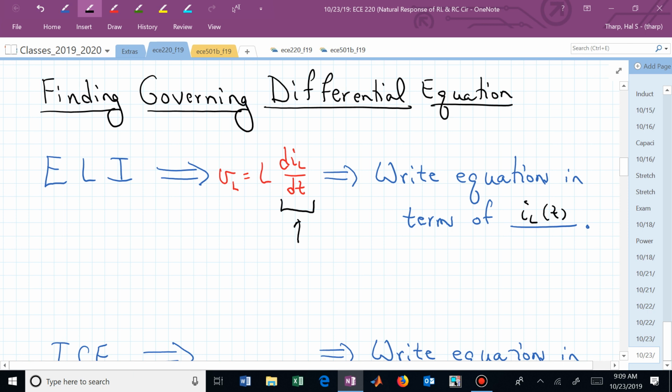And you might hear this variable, I sub L, referred to as a state variable. If you know the state, if you know the value of that variable, then you can describe what else is going on in the rest of the system. In subsequent classes, you might have 10 state variables.